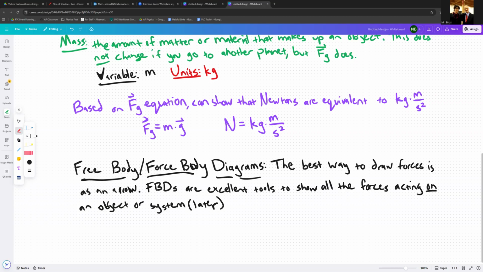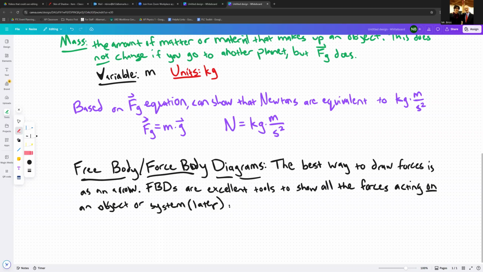So if the box itself on the ground is pushing or pulling against something, like the box is pushing on the ground, we would not draw that on a free body diagram for the box. So that is a key thing: we want to make sure we draw or show the forces that are experienced by the object that we're looking at.